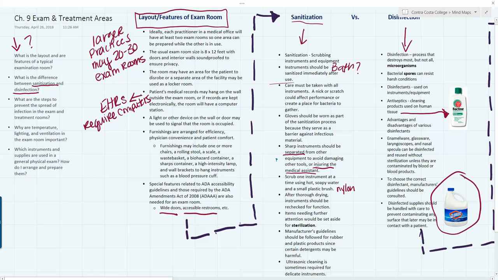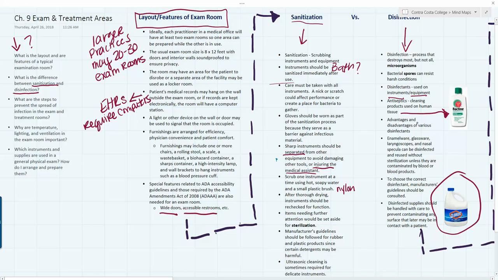We would not clean people with bleach because that's abrasive to skin and it would burn, and it's not very conducive to wounds. So there's a big difference. You want to make sure you know the difference between an antiseptic and a disinfectant. The disinfectant cleans instruments and equipment, and antiseptics clean human tissue.